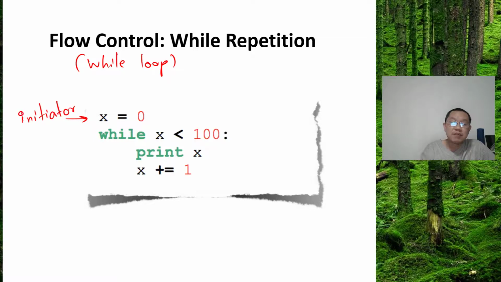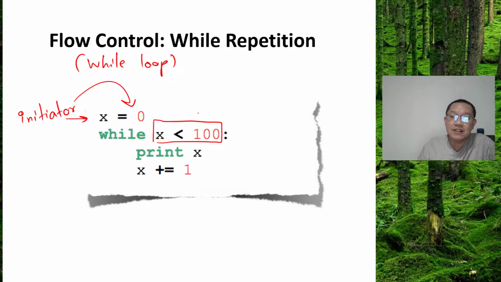So the beginning value: you need to specify a variable and give an initiating value to this variable to be the starter. And then while loop will start by checking the initiator value with the specified condition. So this is a condition.